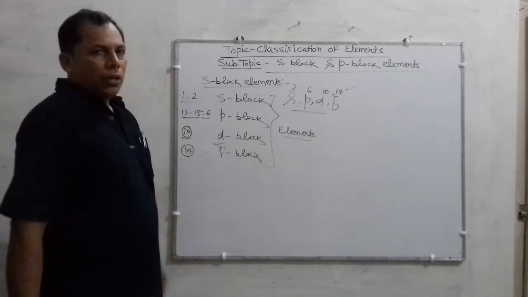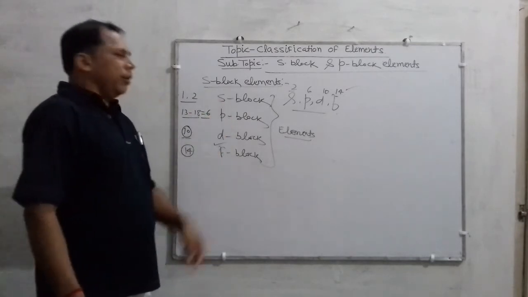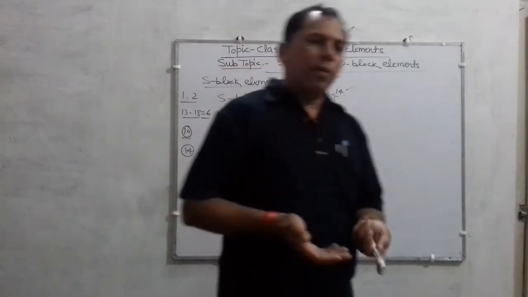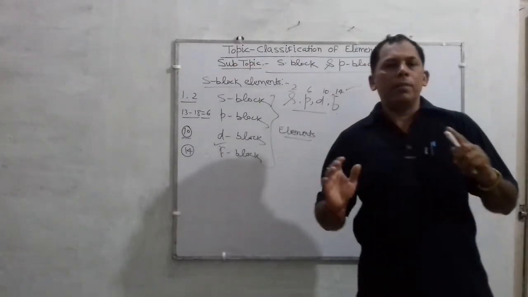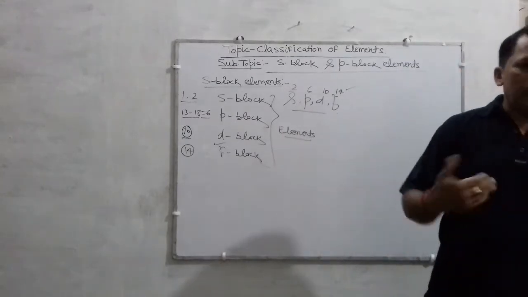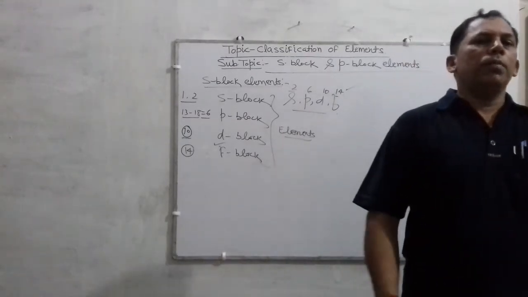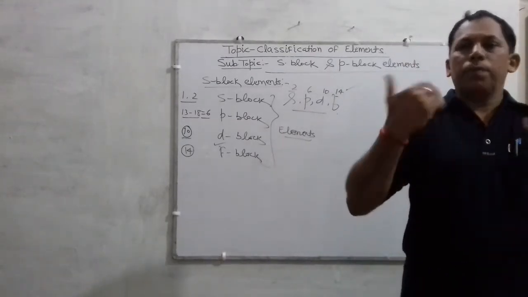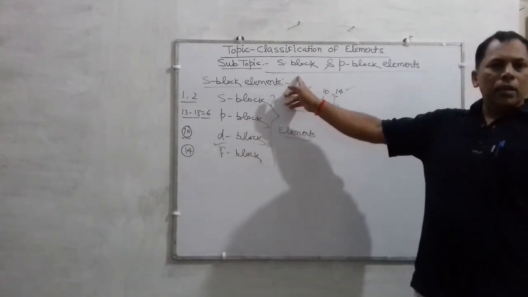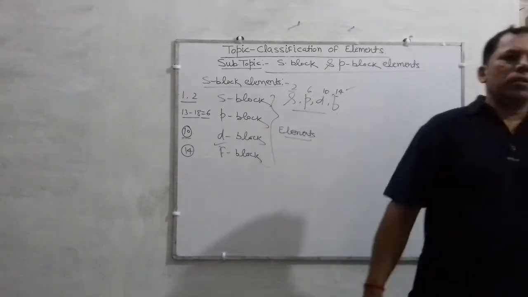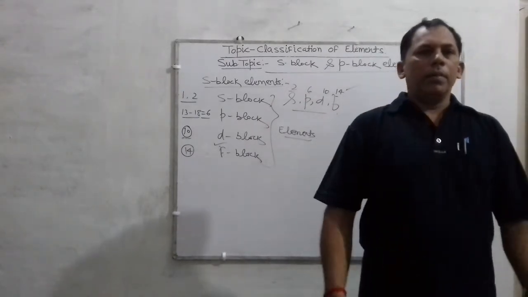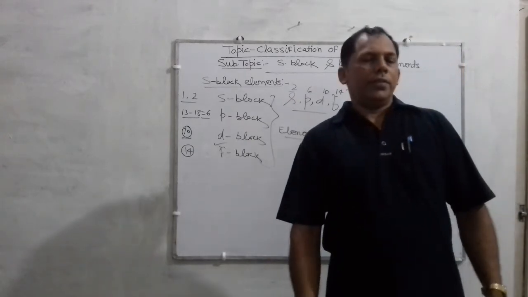So listen. One by one I am going to explain what is S block, what is the characteristic of P block elements, similarly what is D and F block, and what are the characteristics of these blocks. Questions come from these points mainly, such as: explain what you mean by D block elements with their characteristics.